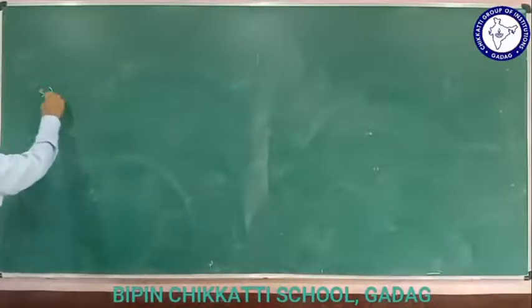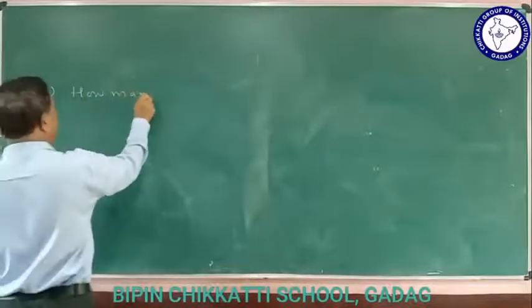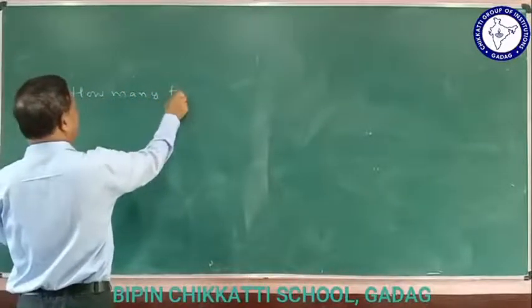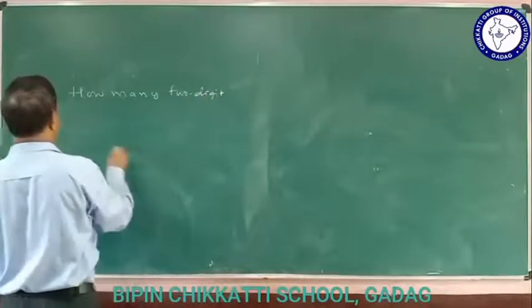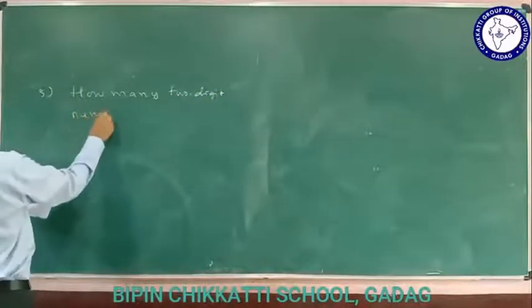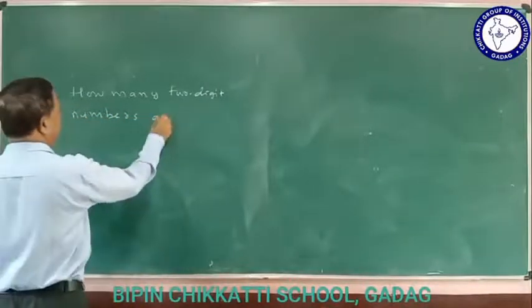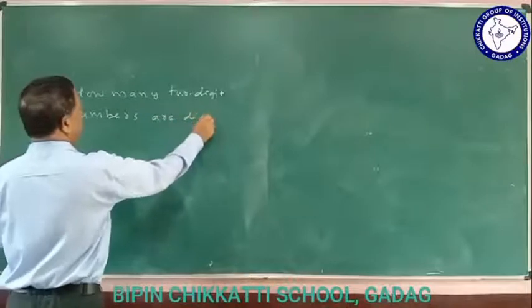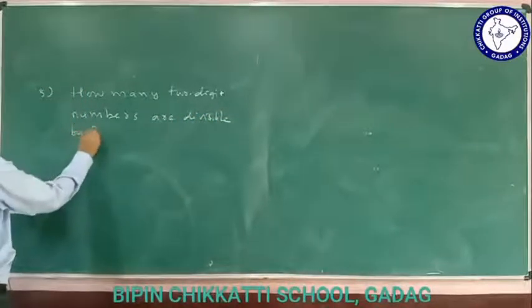Number 5, I am going to explain. Look at this very carefully: how many two-digit numbers are divisible by 3?